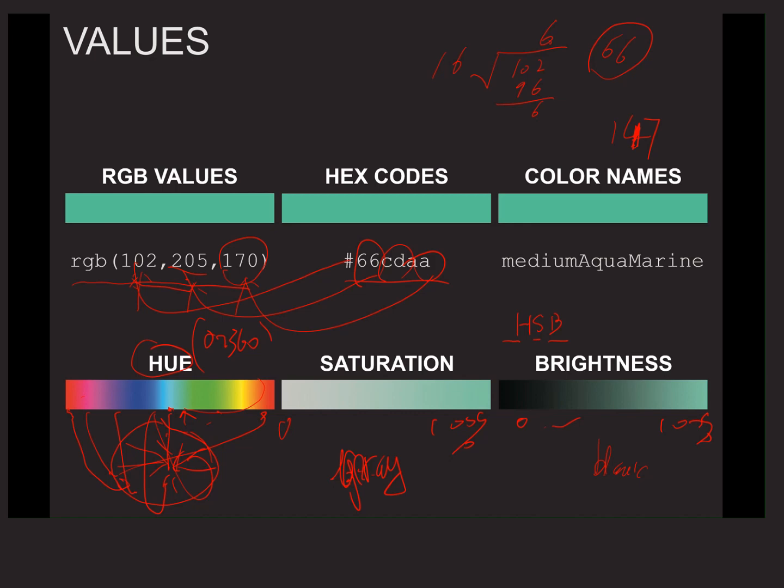Okay, so gray and black. That's how we define a color in another method, HSB. But later we'll talk about this one in more detail. So here we just want to introduce the terminologies.